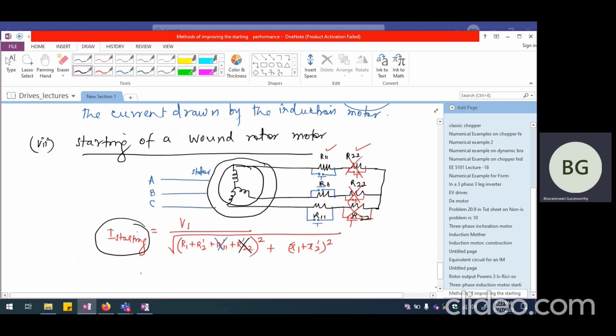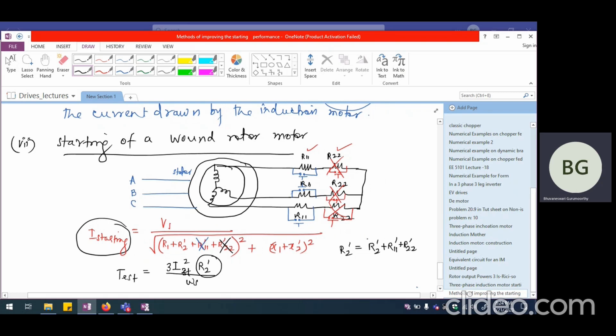But if I look at the starting torque, please recall the starting torque expression. That is going to be 3 I2 square, or I starting square, times R2 dash divided by omega S. And now R2 dash consists of not only the inherent resistance R2 dash, but it also has R11 and R22 which are included in the rotor circuit.